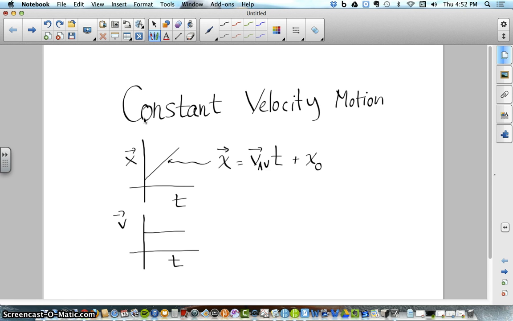And if we subtracted our initial position from both sides of this equation, I want final position minus initial position, which is my displacement, and that's equal to average velocity times time. So displacement is average velocity times time.